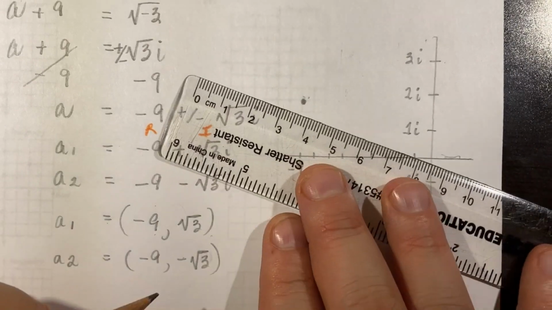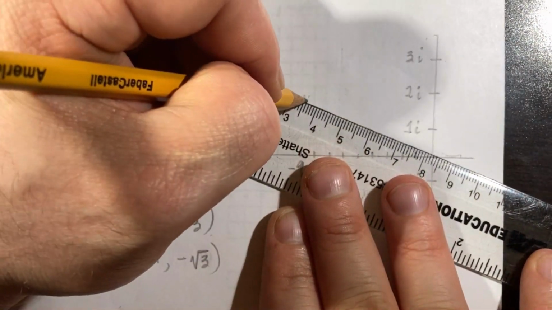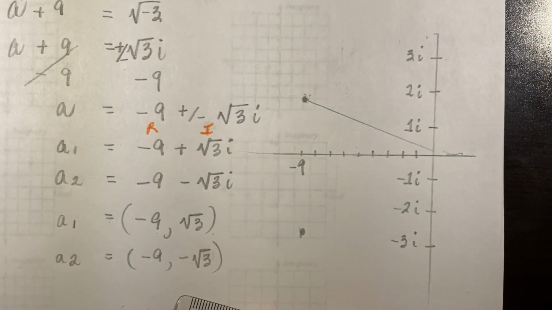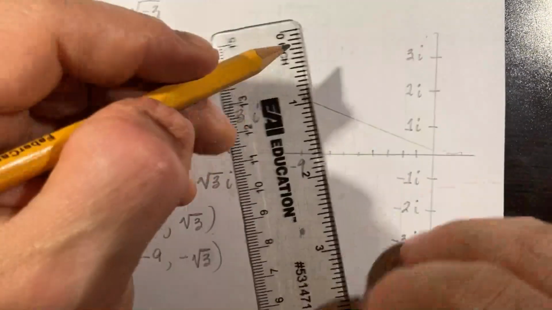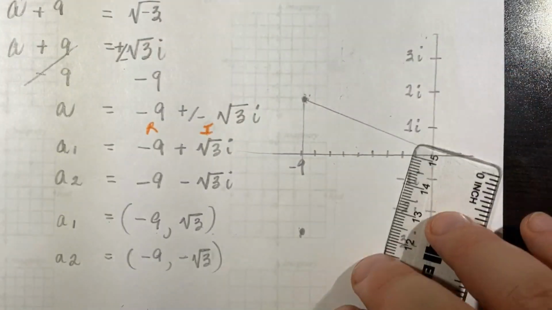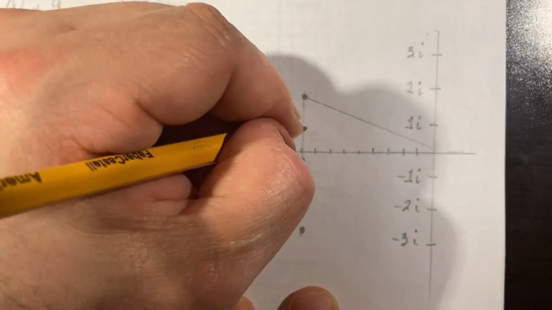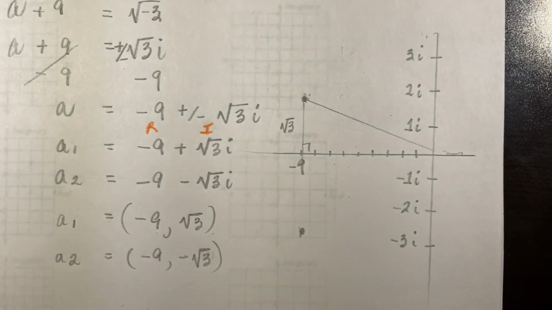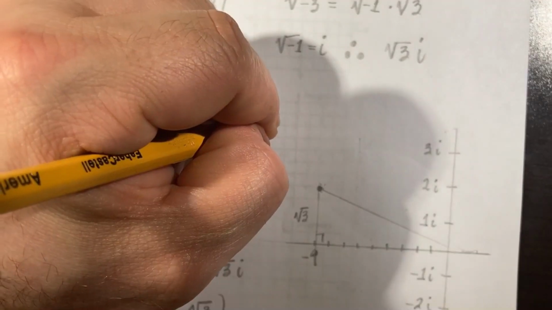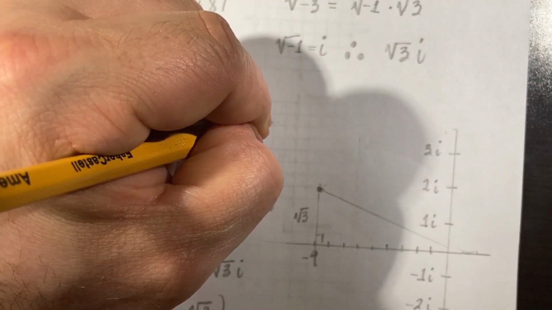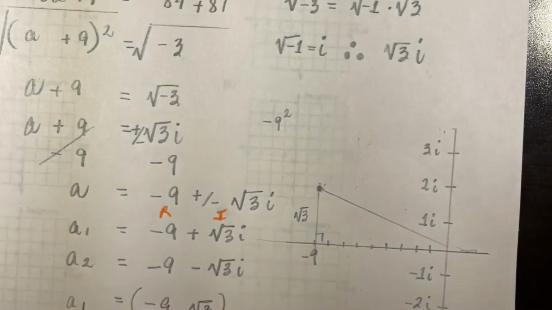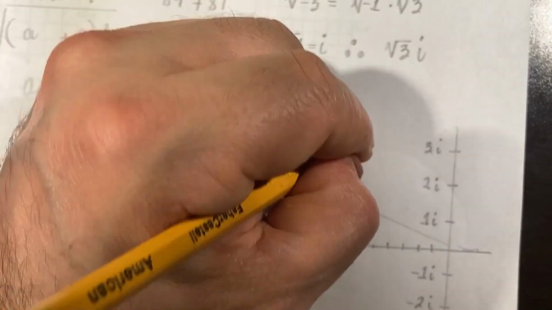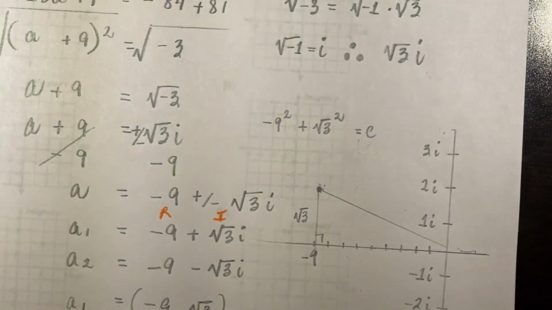Remember how to find the modulus. If you want to find the modulus, you have to create a triangle. And this base is negative 9, and the height is the square root of 3. So you can almost do it in your head. You've got a squared, which is negative 9 squared, plus b squared, which is square root 3 squared, equals c squared, which we don't know.